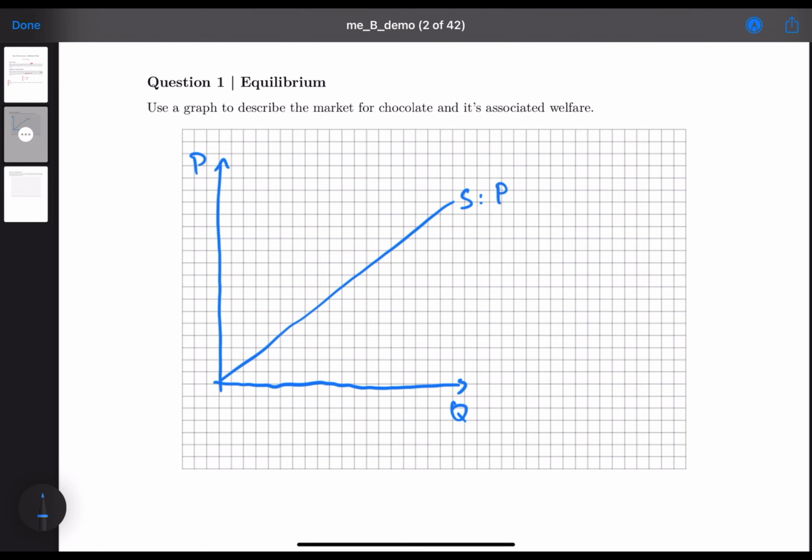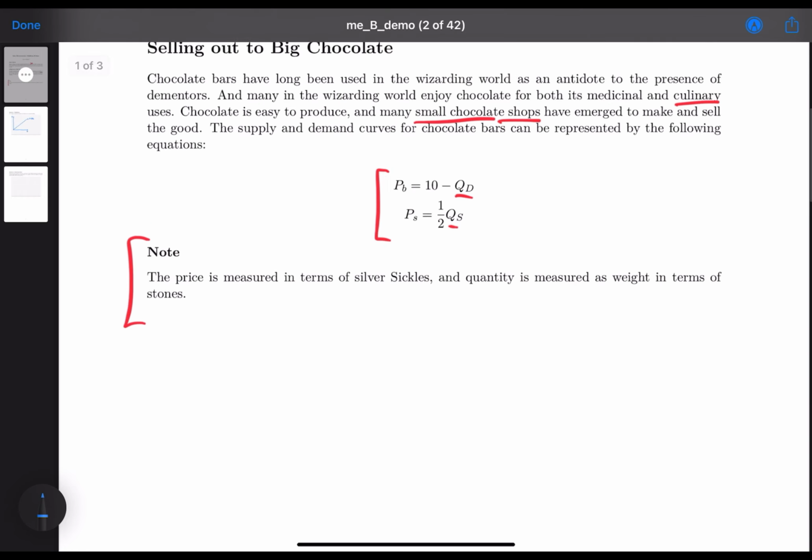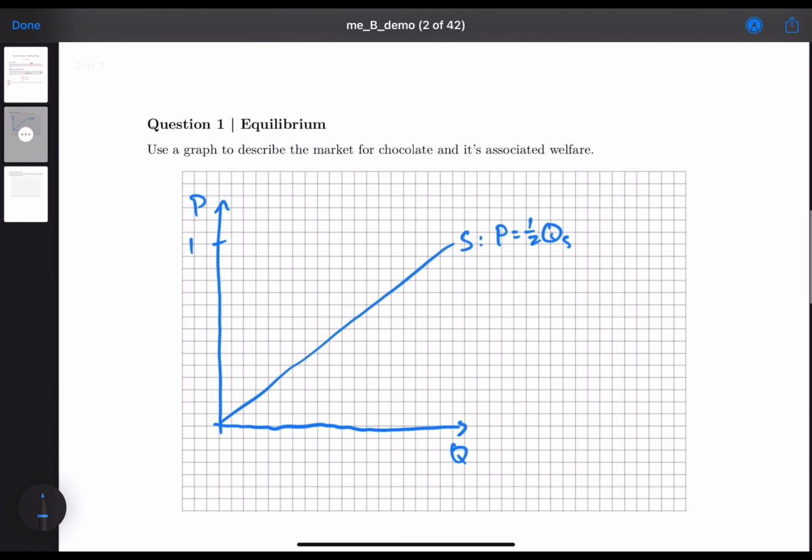So this is P is equal to 1/2 QS. And then we have an intercept of 10, and this is our demand curve, which is price is equal to 10 minus QD.